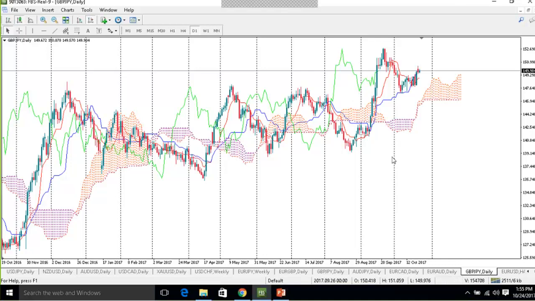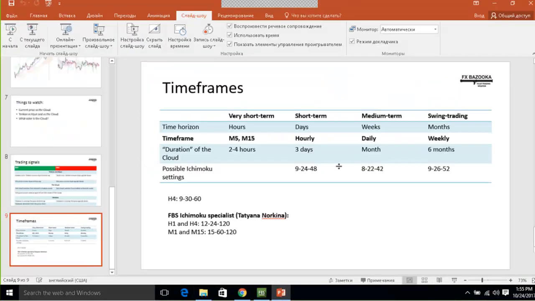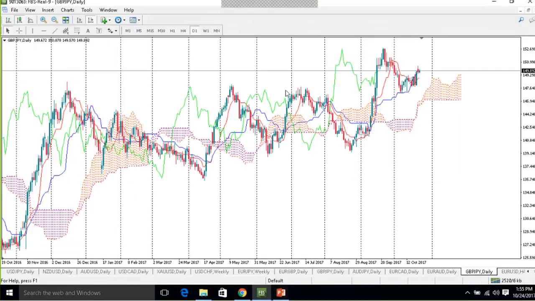And I wanted to have a look at how the chart changes when we adjust the parameters. So for the daily chart, we have this recommendation of 8, 22, 42.